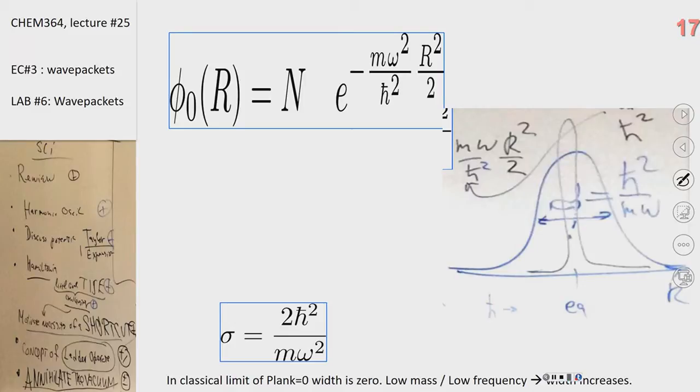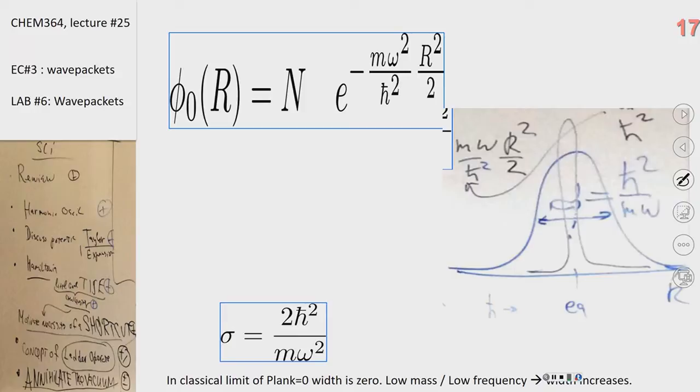So I gave you a warning that we do not say goodbye to Gaussian wave packets when we are done with the free electron in free space. It is something universal that will be used again and again. So the eigenstate of the quantized harmonic oscillator, which can model a lot of chemical systems, will be this Gaussian wave function.